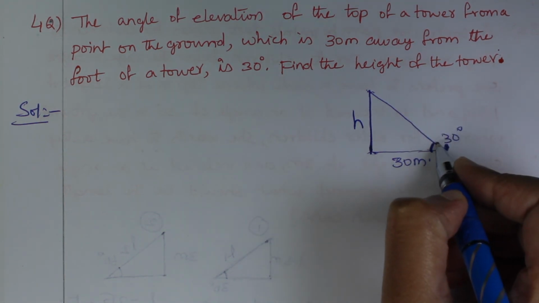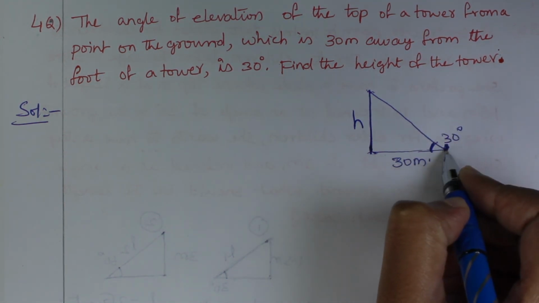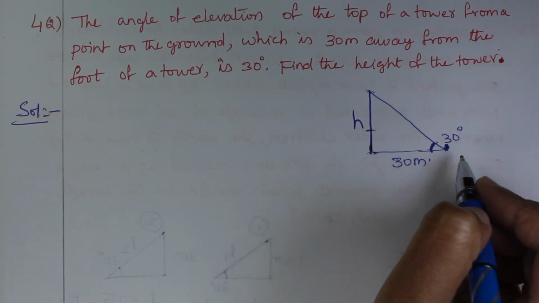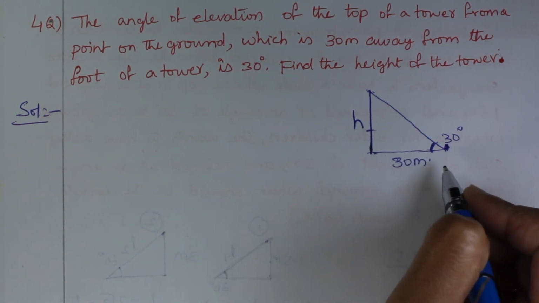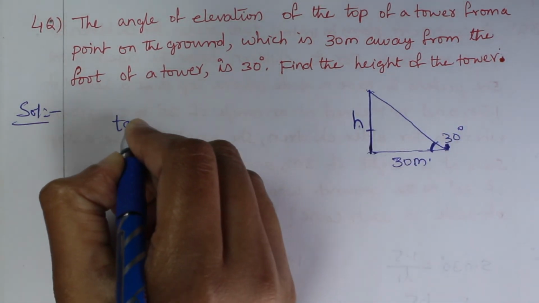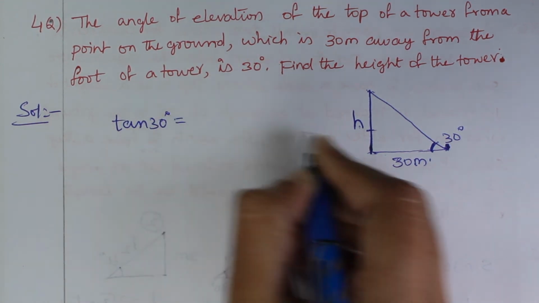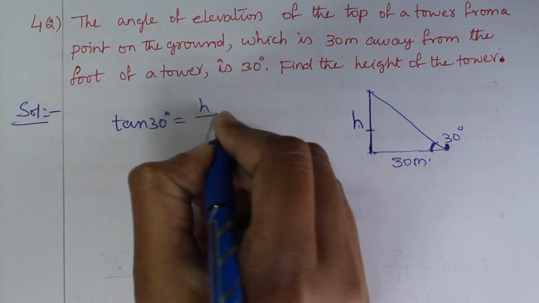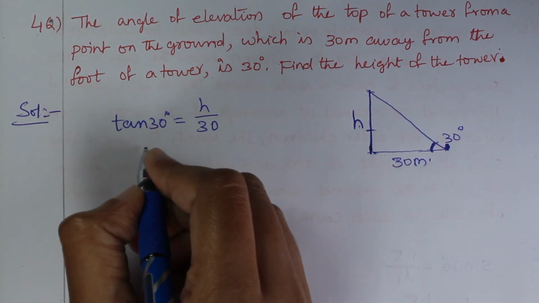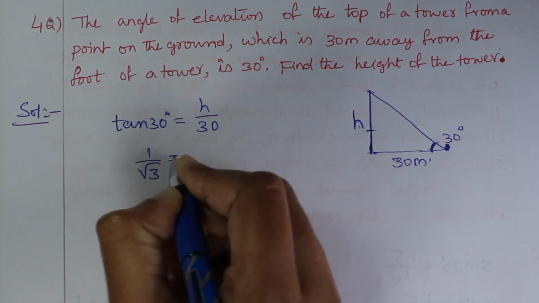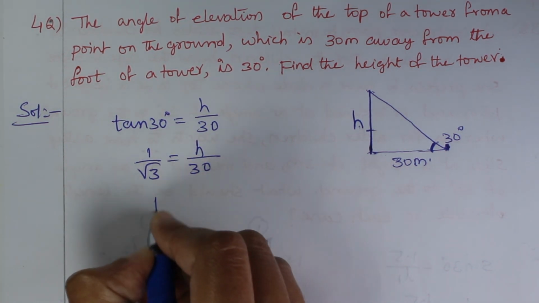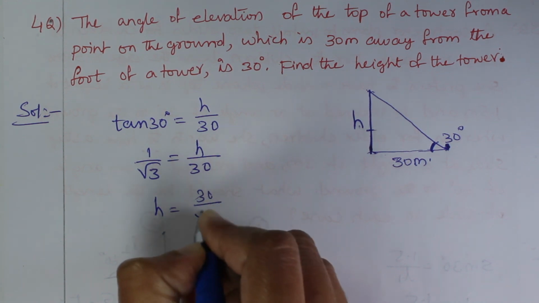Here we know the adjacent side of the angle and we have to find out the opposite side of the angle. So what is the ratio we can use here? Tan 30 degrees, opposite side by adjacent side. Tan 30 degrees is equal to h by 30. Tan 30 is 1 by root 3. 1 by root 3 is equal to h by 30. h is equal to 30 by root 3.